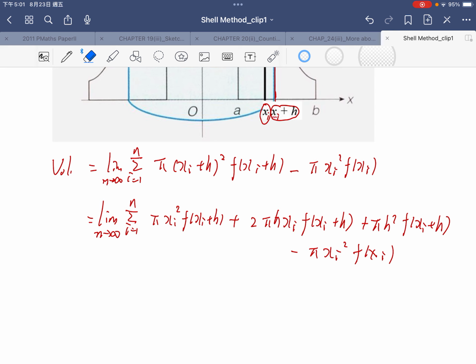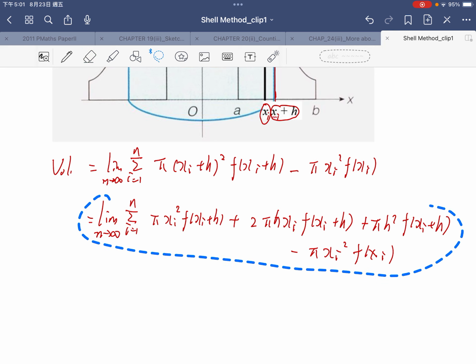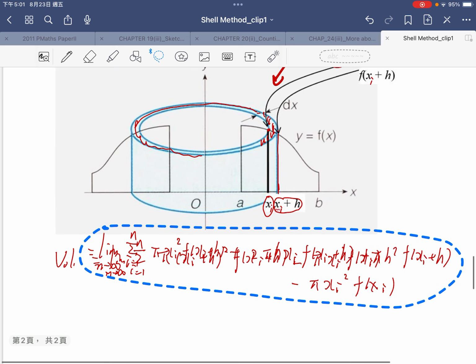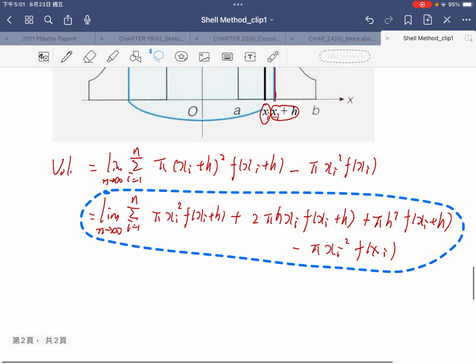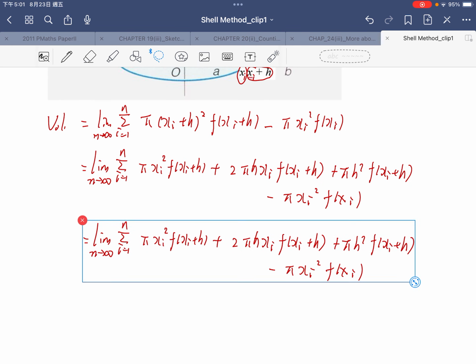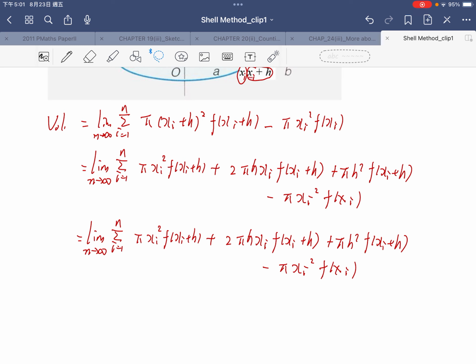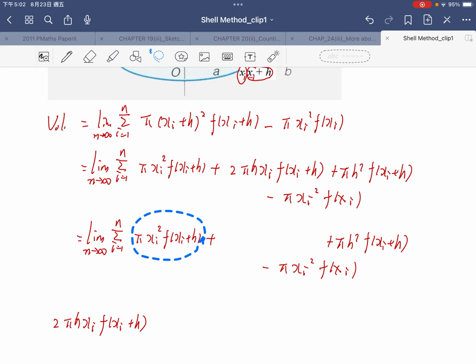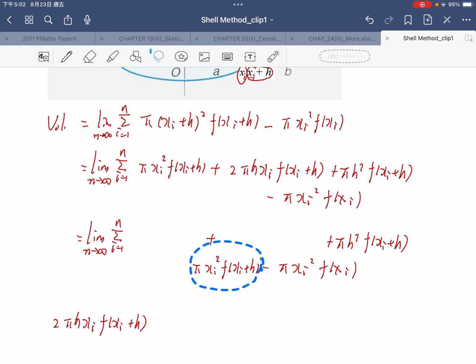let me copy and paste. This is the first part, and this part minus this part is the second part.